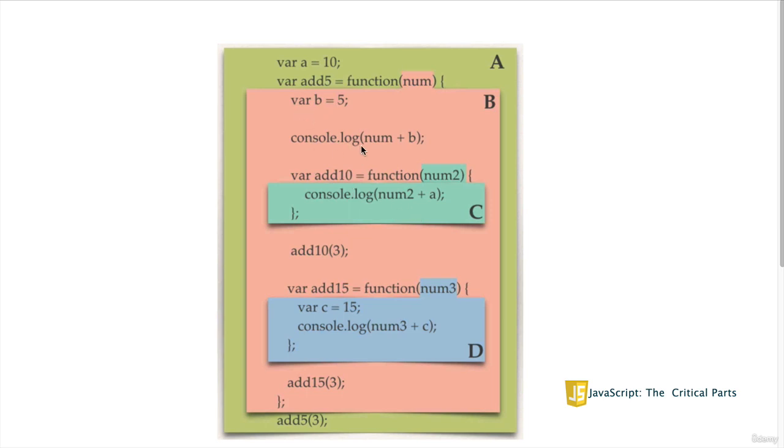And this also illustrates that JavaScript uses function scope. Each time a function execution context is established, scope must be established as well. We can see that in these examples here. All right, let's move on to the next topic.